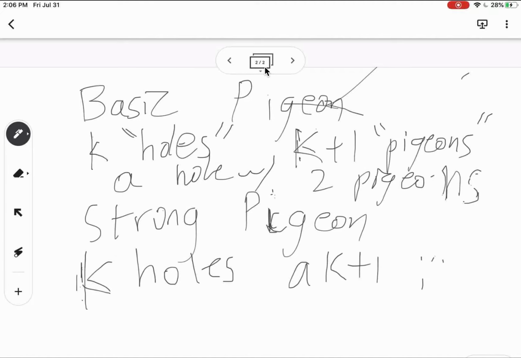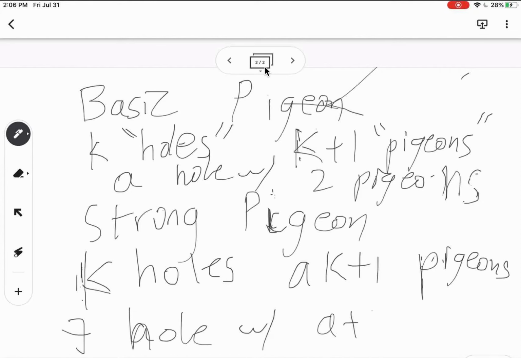Then there exists, the backwards E just means exists, a hole with A plus 1 pigeons. This is the same common sense argument, because if you have A times K plus 1 pigeons and each box has at most A pigeons, then you can have at most AK pigeons, which is not true.